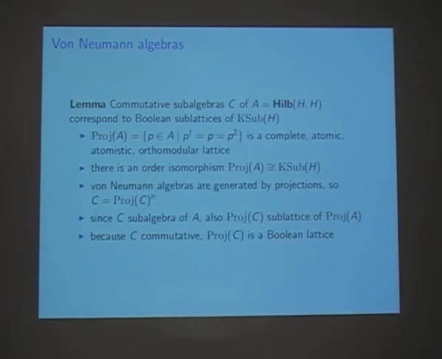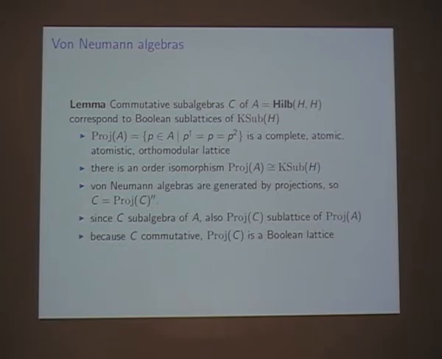And you first notice that the projections of this are always an orthomodular lattice. And in fact, because we're talking about Hilbert spaces, these projections are precisely the same as closed subspaces. You notice that it's a von Neumann algebra, so it's generated by its projections in this precise sense, double commutants of the set of projections.